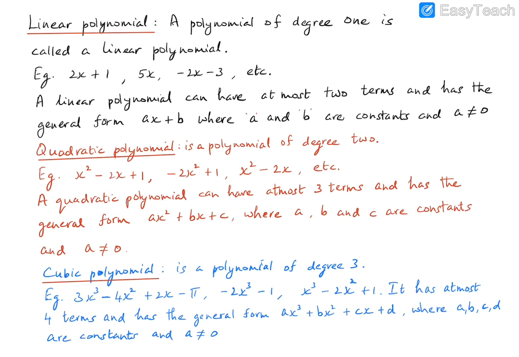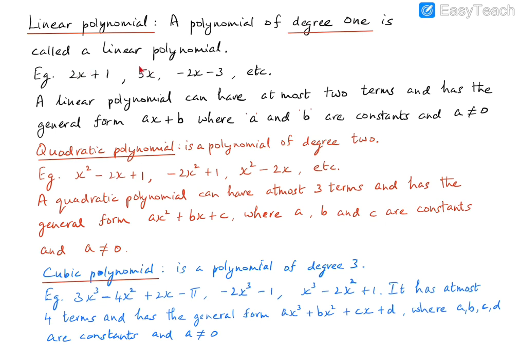The next definition of a polynomial is the linear polynomial. A polynomial is linear if the degree of the polynomial is 1. So a linear polynomial is a degree 1 polynomial. That means the highest power of the variable in the polynomial is 1. That's why we say it has a degree 1. If you look at these examples, 2x plus 1, the highest power of the variable is 1.